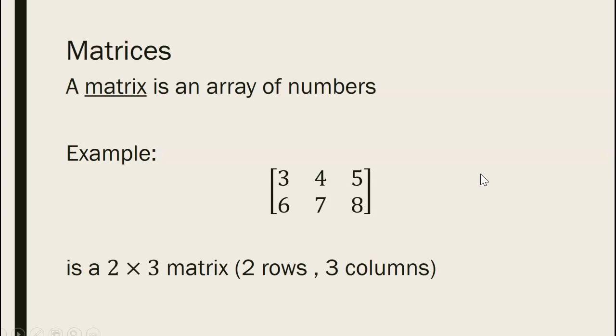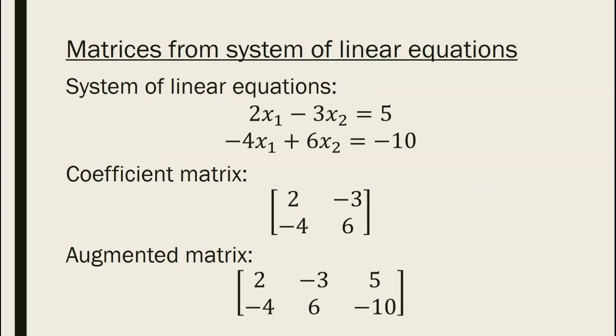Now, how does this relate to our system of equations? It's pretty straightforward if we line everything up. If we have a system of linear equations, then we can line up the x1s, line up the x2s, line up the equal signs, line up the constants.